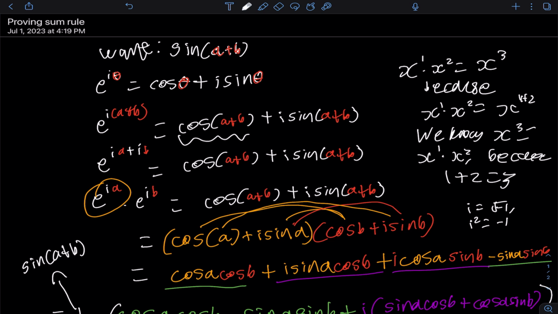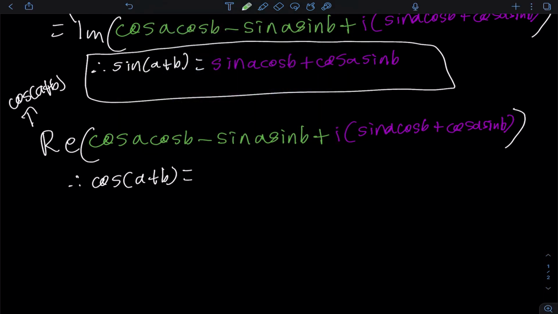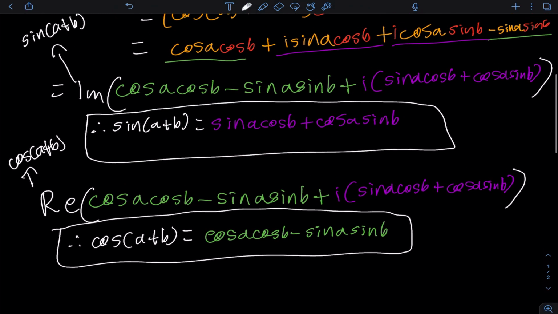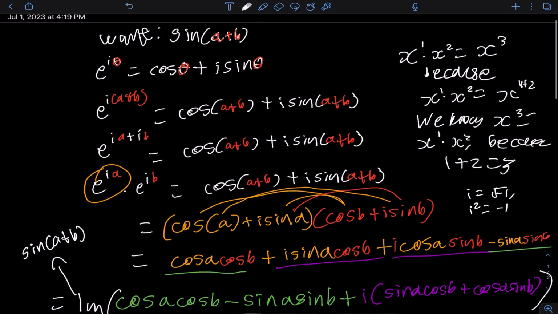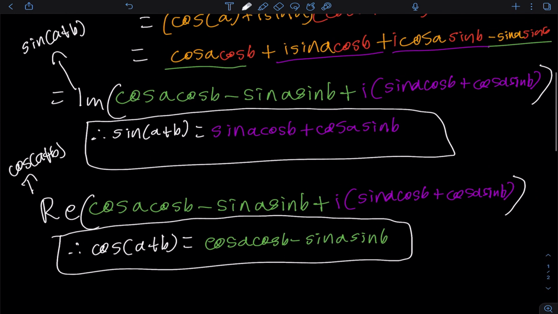Cosine of A plus B is the real part of this. So therefore, cosine of A plus B is equal to cosine A multiplied by cosine B minus the sine of A times the sine of B. And that is pretty cool, because you can use complex numbers to even prove the summation identities from trigonometry. So this is pretty cool, and that was it for today's video. So thank you for watching.